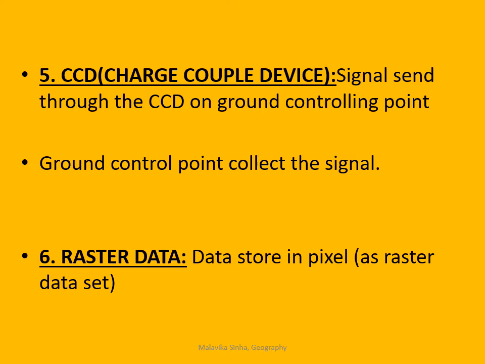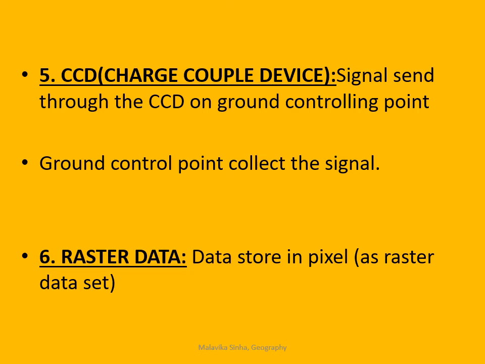After recording all the details of the reflected EMR by the active or passive sensor through several bands, a signal is sent through the charge coupled device to the ground controlling point, and the ground controlling point collects the signal.